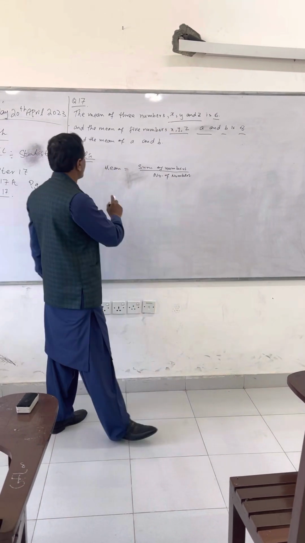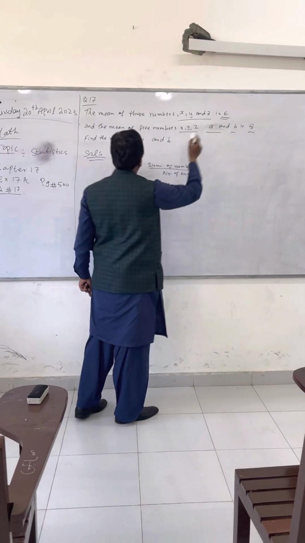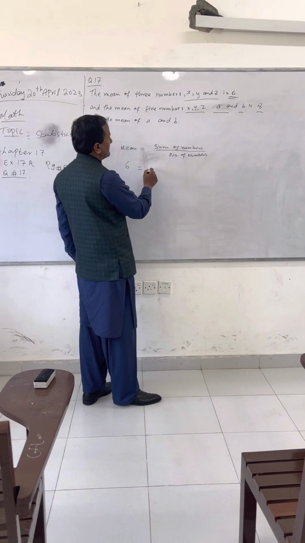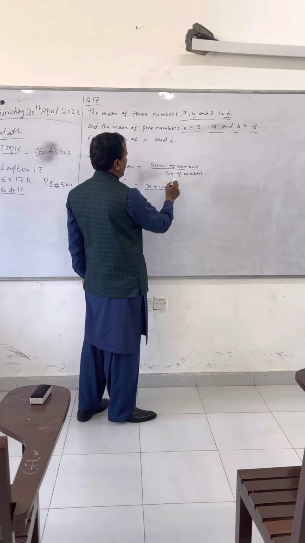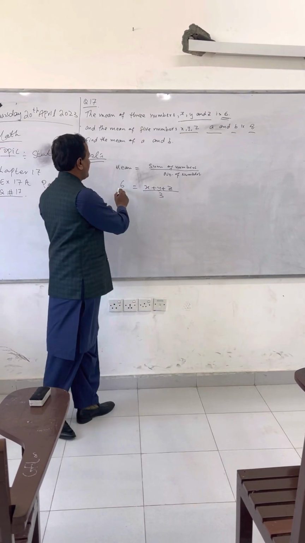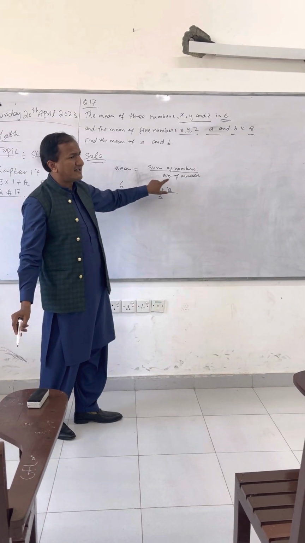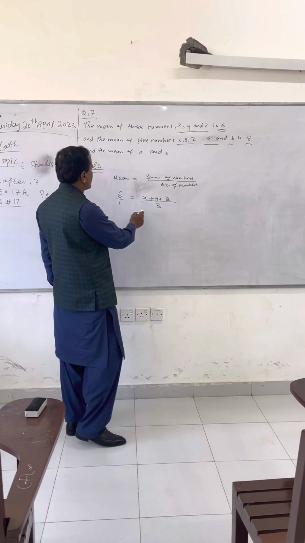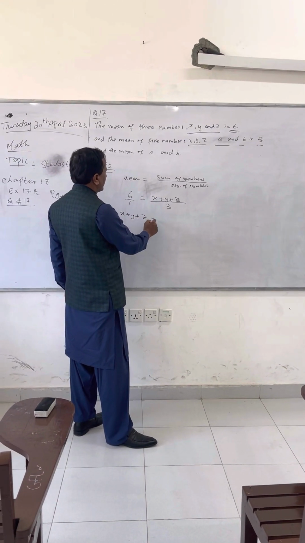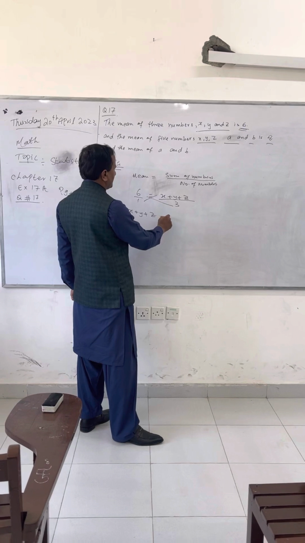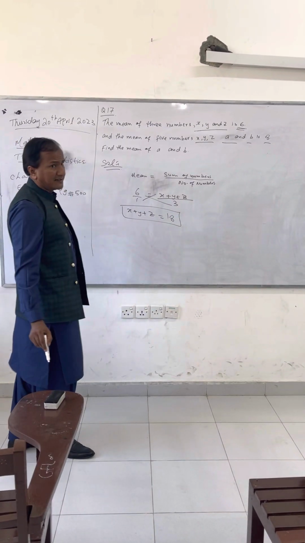The mean is given as 6, and the sum is x plus y plus z, over 3, because the total numbers x, y and z are 3. Now, with cross multiplication, x plus y plus z equals 6 times 3, which gives us 18. It means the sum of the three numbers is 18.